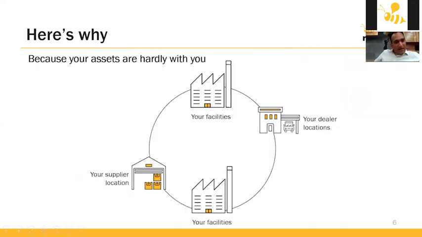So why are they hard to manage? Well, one of the main reasons is because they're seldom in your facility, right? These assets are going across supplier locations, they're going across your dealer locations, and almost everybody in your supply chain is focused on the product. So we always talk in the supply chain world about how do we get our product out faster?